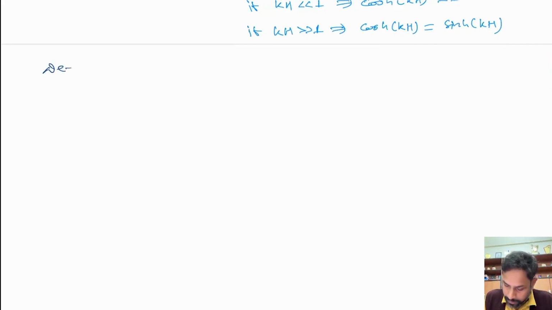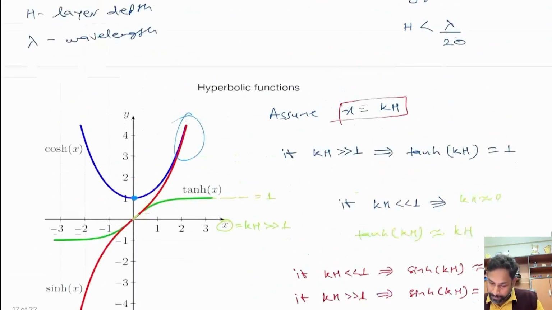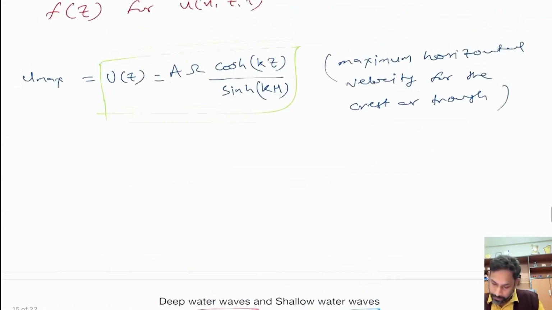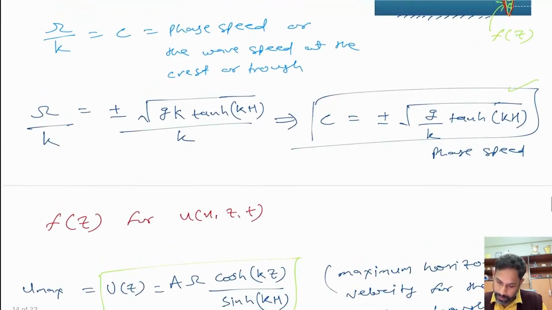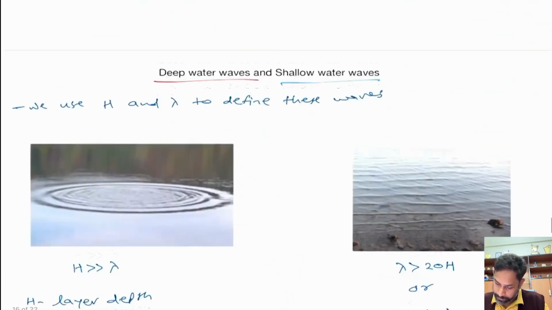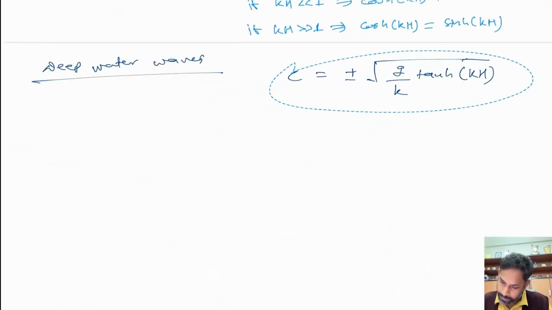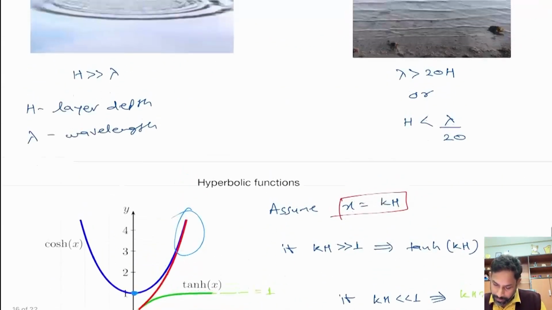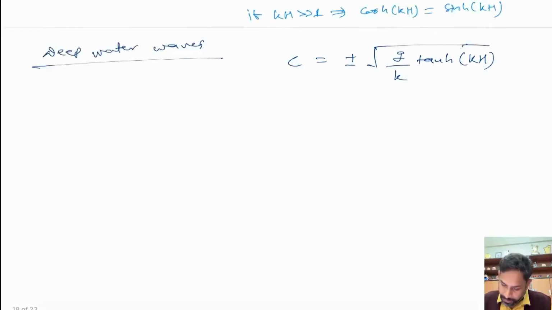So starting with deep water waves, right, where we have got the wave speed to be equal to this, okay, let's use that a little after some time. In case of deep water waves, we know that h is much greater than lambda.